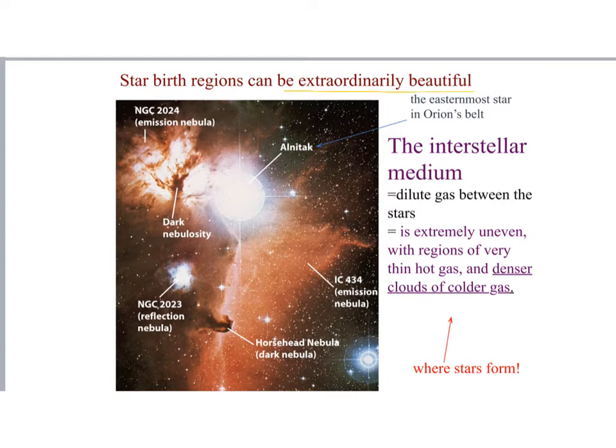In fact, some of the most spectacular images that come from the Hubble Space Telescope are of starbirth regions. So what do we see in this beautiful image? We see one star and many of the other things here. The star is called Alnitak. It's the easternmost star in Orion's belt.